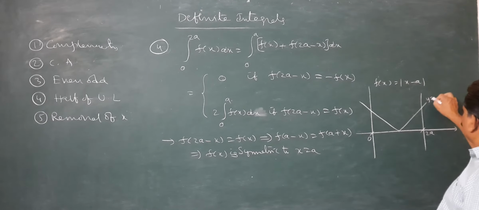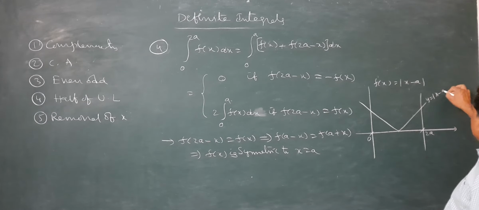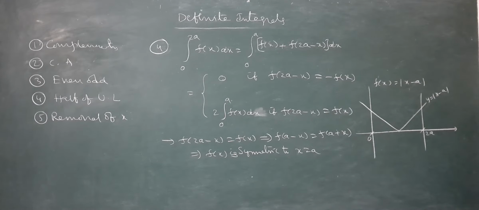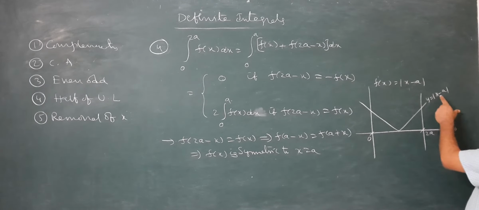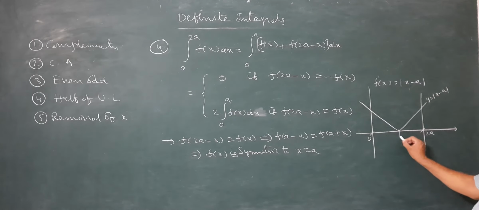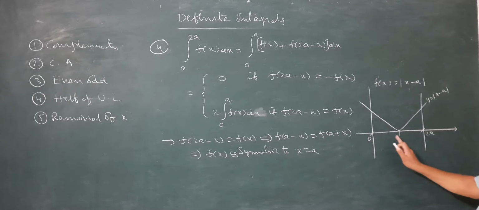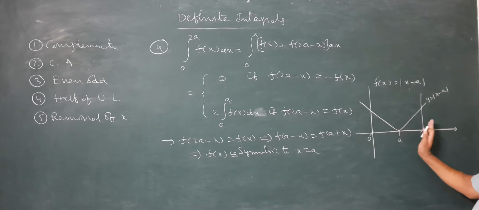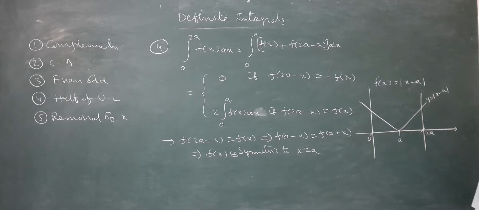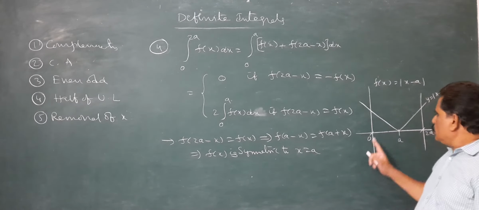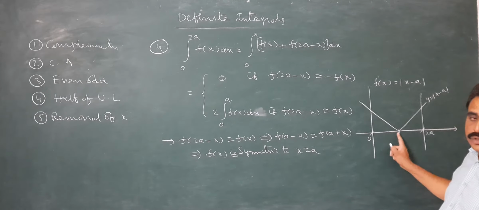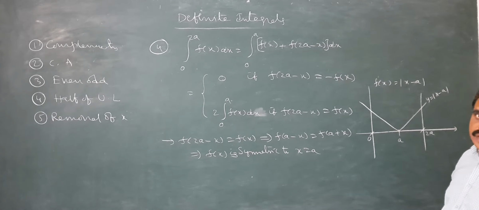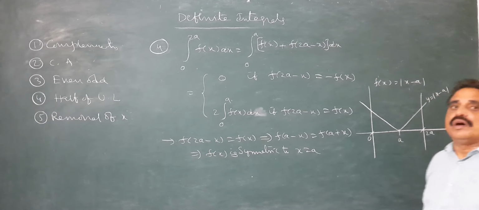The region is the same. That's why the integral from 0 to a of f of x dx, where f of x is mod x minus a.